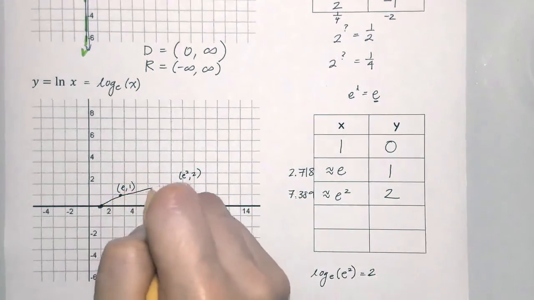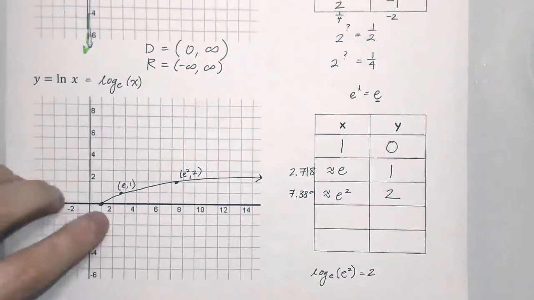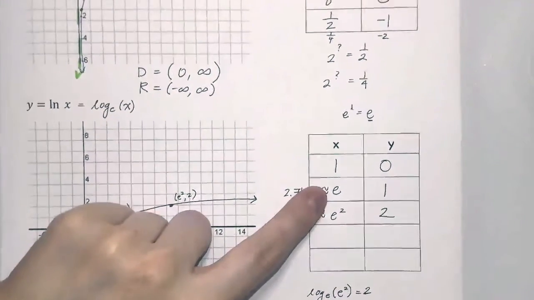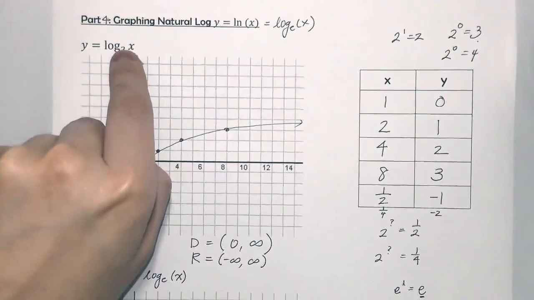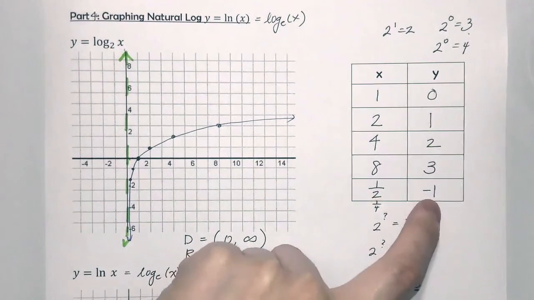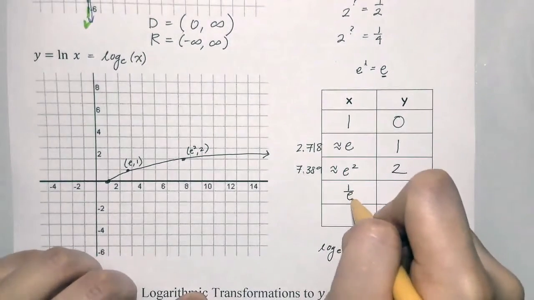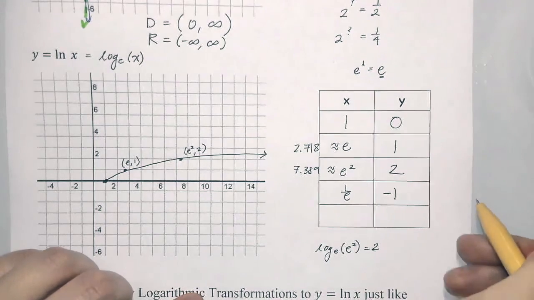So then it goes this way. Well, let's go also the other way. What about all the numbers here? We can go a little smaller than the e value, right? Here, we started with base 2 logarithm, and when we were testing with 1/2, 2 to the power of -1 is equal to 1/2. So we can try out 1 over e, and e to the power of -1 is equal to 1 over e.